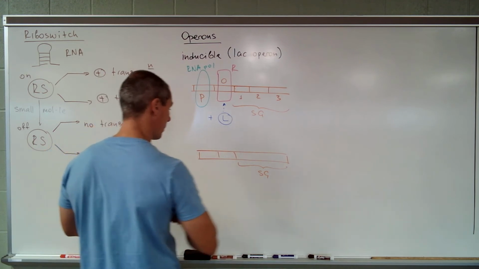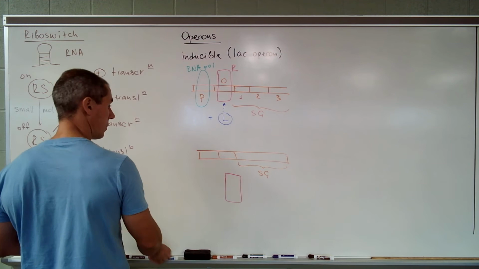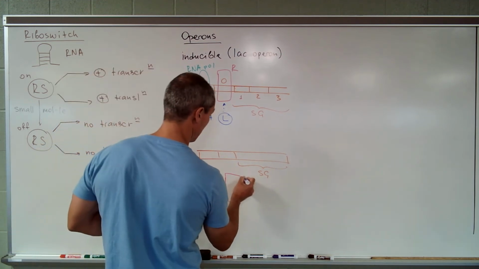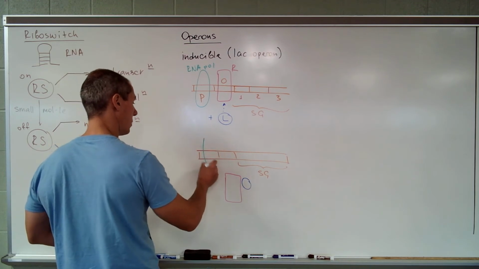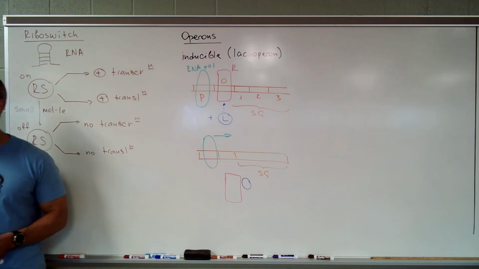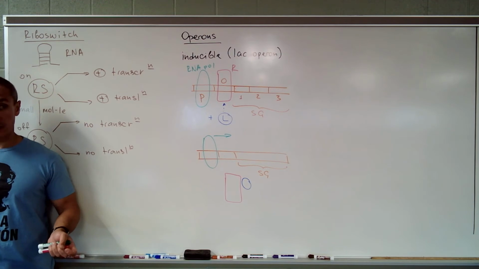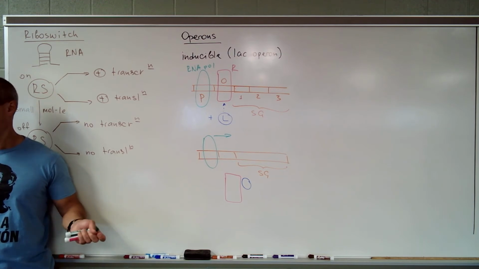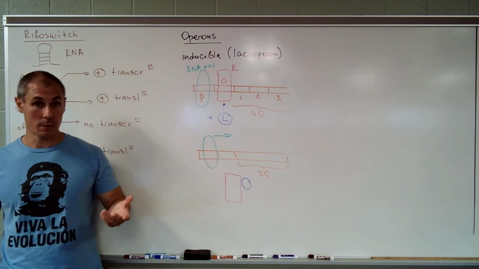The repressor gets off the operator sequence with the lactose sitting on the side, and RNA polymerase can now proceed with the transcription. Okay? Makes sense, right? So these genes, the structural genes, are expressed.